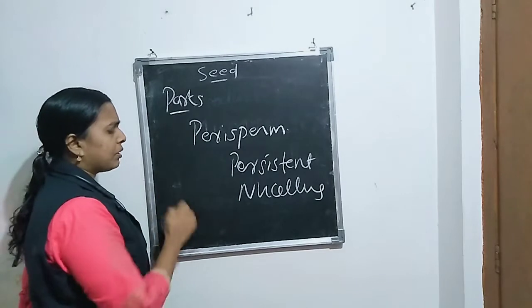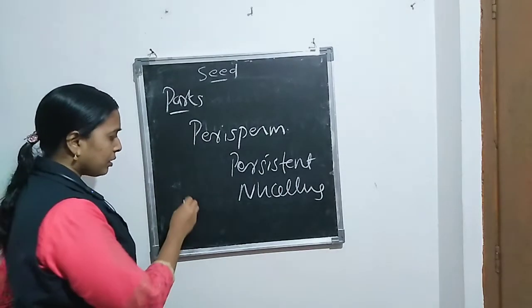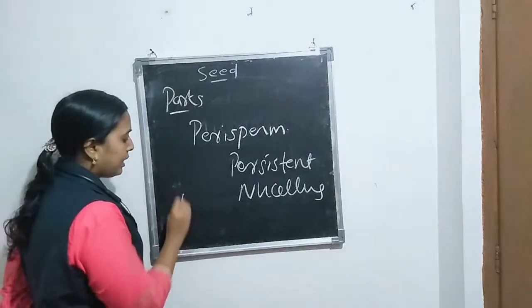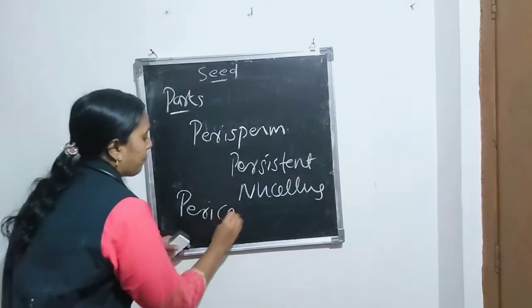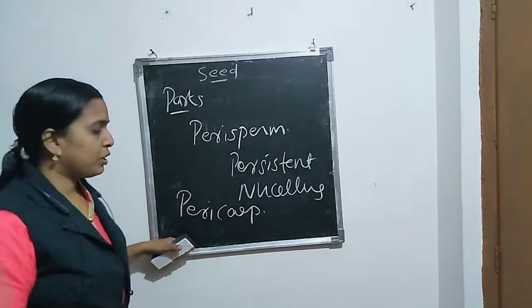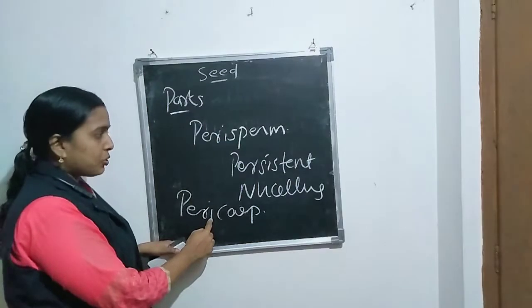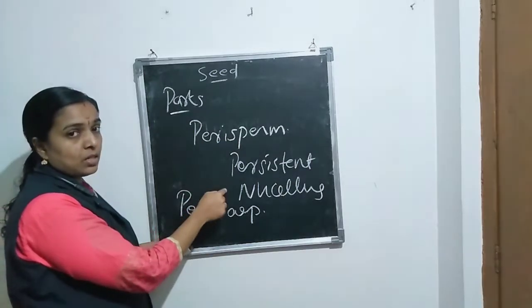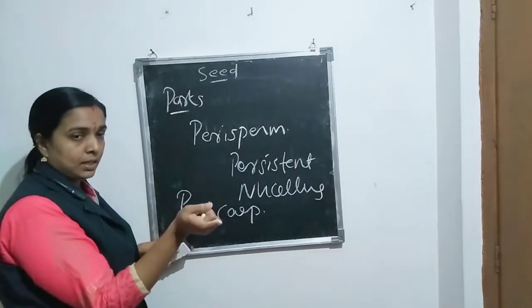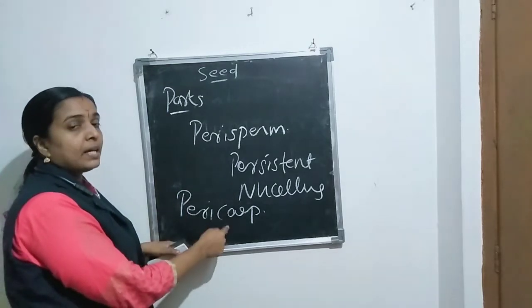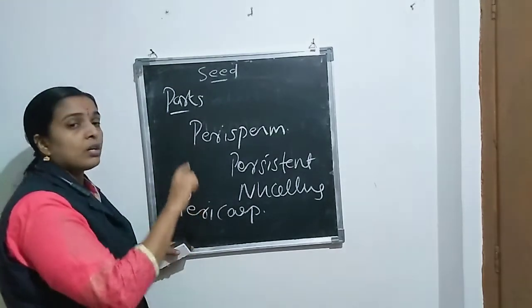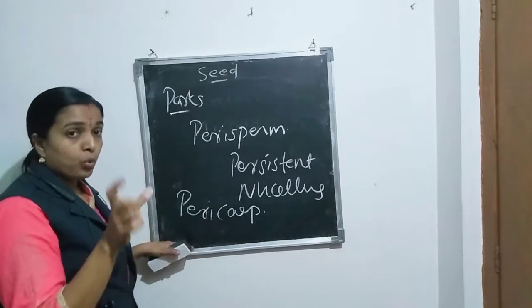Then pericarp. There is a differentiation. Next term is pericarp. Don't get confused between these two structures. Perisperm is the persistent nucellus found in some seeds, and pericarp is the fruit wall.